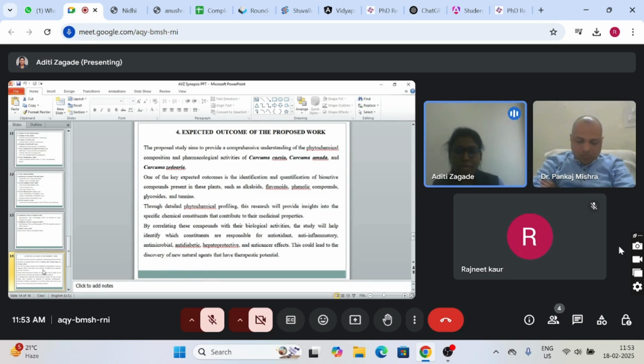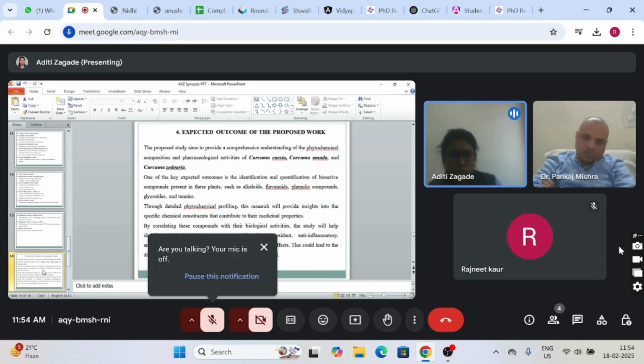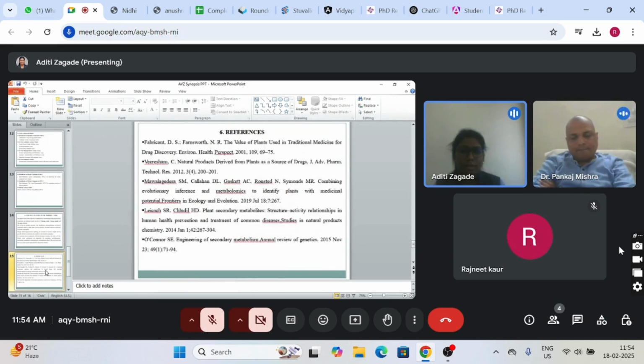That is, Curcuma caesia, Curcuma amada, and Curcuma xanthorrhiza have different phytoconstituents, and these different phytoconstituents show different pharmacological activity. This could lead to the discovery of new natural agents that have therapeutic potential. Then these are the different references used for the proposed work.